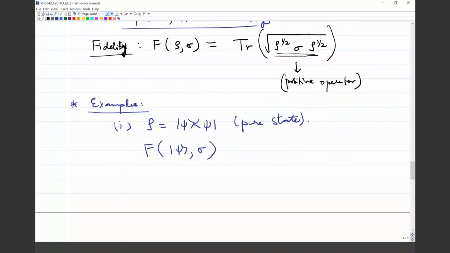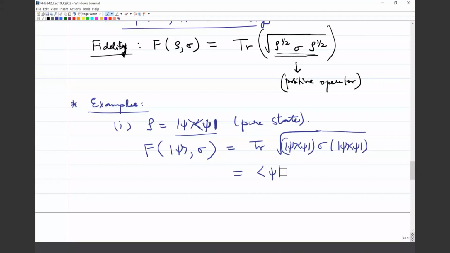So this becomes the trace of the square root of, remember this is just a projector onto the state psi, so the square root of this is the same as itself. So this looks like this expression, and let me write it like this: trace of square root of psi sigma psi psi, right? So I've taken this part out.